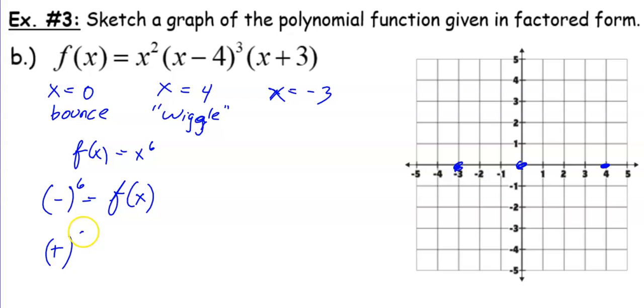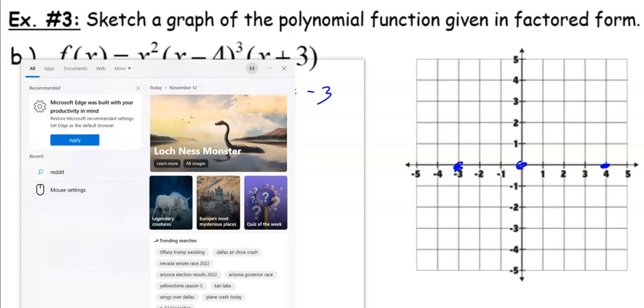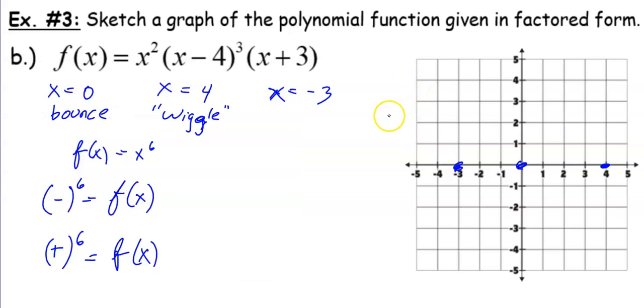If we have a positive and I raise it to the 6th power, we're still going to get a positive f of x. Easy enough. So we're going to start way negative on the x-axis and very positive on the y-axis. We are going to go through -3 cleanly, just straight through it.